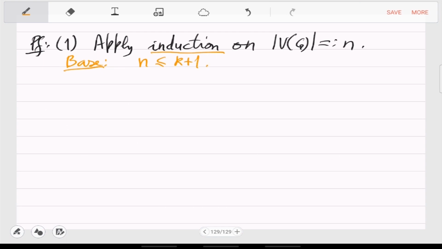So we only have to consider n bigger than k plus 1. In that case, consider a vertex. Actually, you can take any vertex. Let V be any vertex, and look at the neighbors of V.